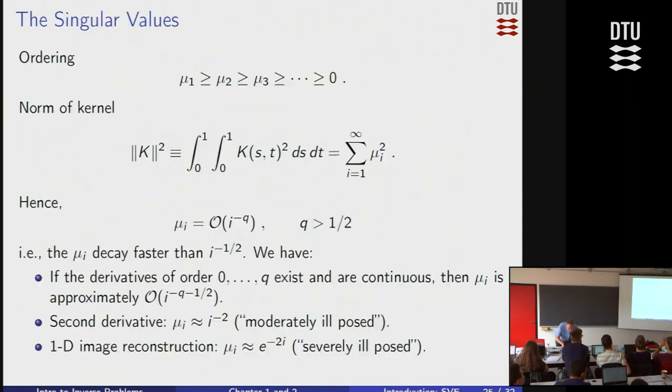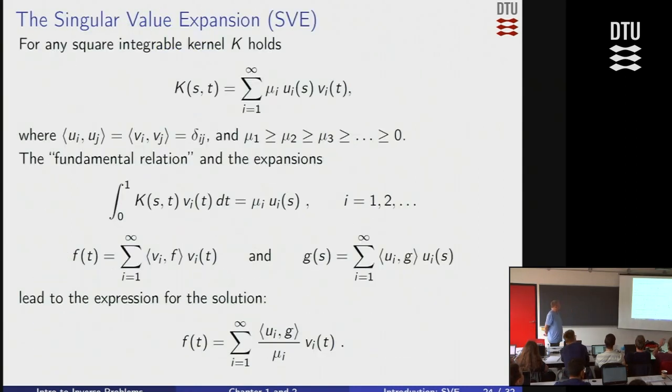Let me back up here. Again, here we have the expression. Look at the equation at the bottom. See, we divide by singular values that get smaller and smaller, and at the same time the corresponding v functions get more and more high frequent.